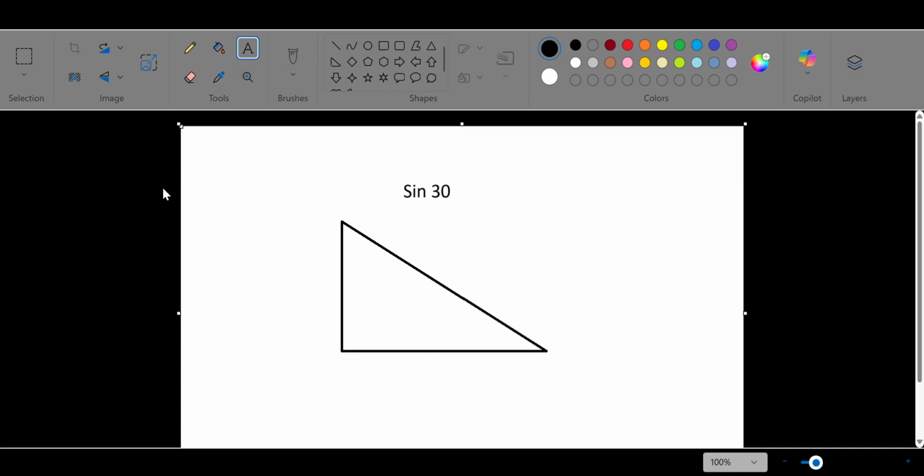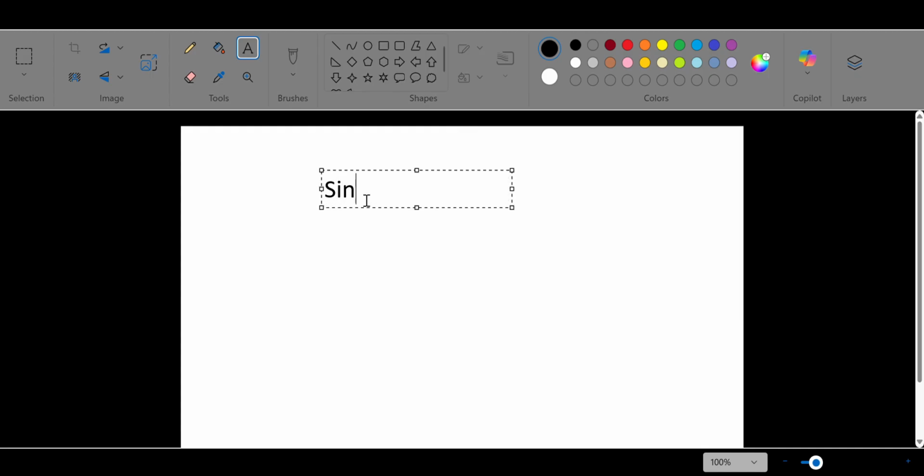So now let's try to solve sine 30 with this. Now we need to label, so let's start from the beginning. We have the equation sine 30, and let's try to solve that.